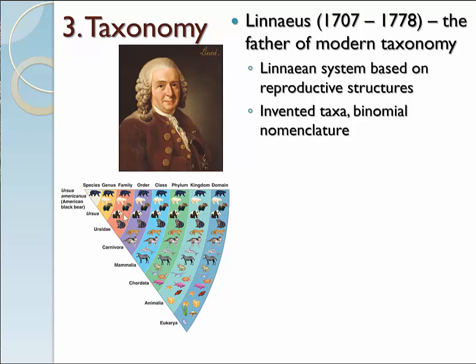The genera are related more closely to each other than they are to other genera in different families, and so forth and so on. Next is the order, next is the class, phylum, kingdom, and domain. And so this is like a big family tree. You can think of this as siblings within the species, and then parents come to the genus, and then grandparents, great-grandparents, and so forth. And so it's the same sort of concept. You find relatedness from species all the way to domain.